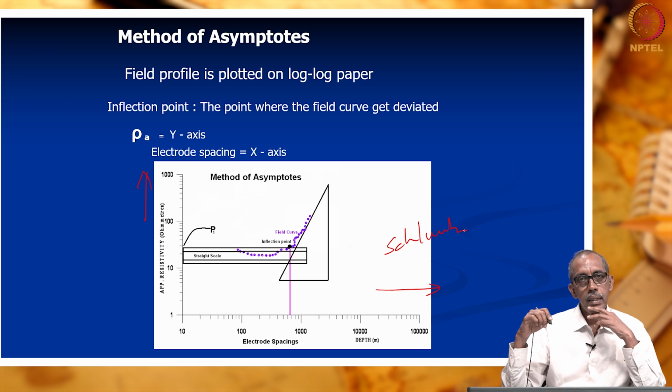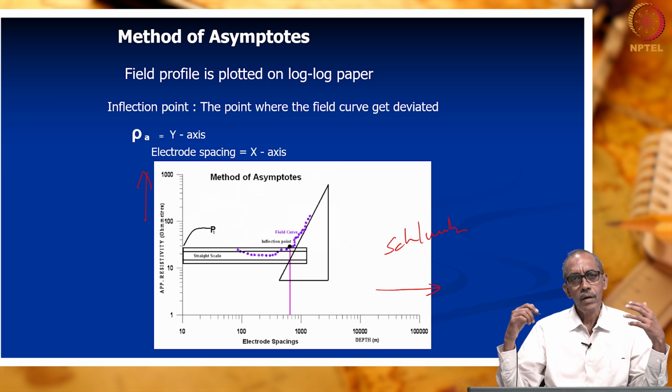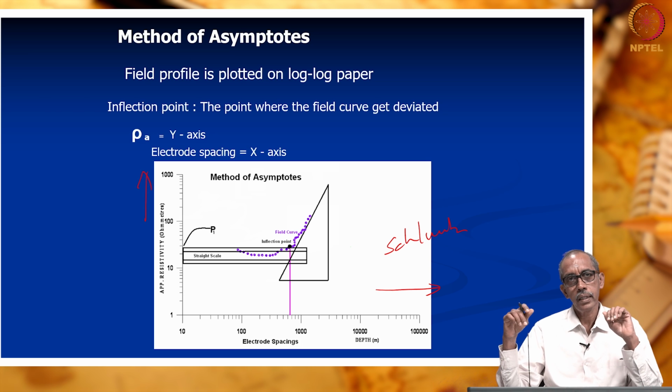If it is the Wenner method, we plot a versus apparent resistivity in log scale. Why are we taking up such sheets, sometimes log, sometimes semi-log? Conventionally, the type curves for Schlumberger are available in log scale. That is why we plot like that. We are going to see that a little later.